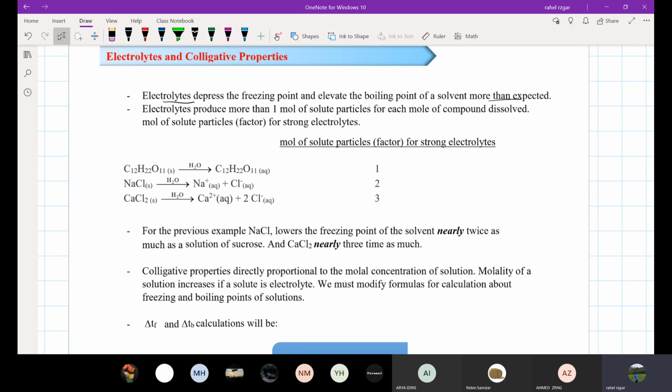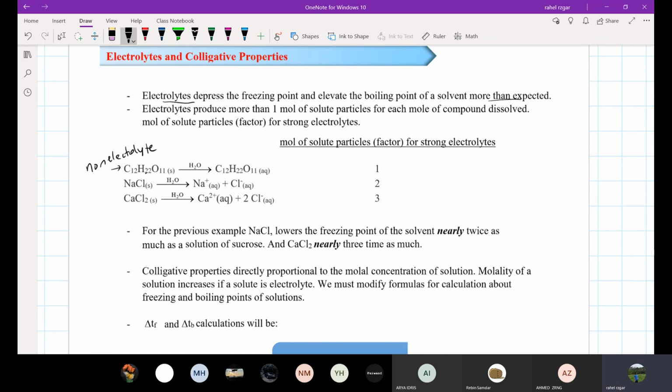What do you mean by this? If 1 mole of this is a non-electrolyte, like sucrose sugar, when dissolved in water, it becomes aqueous. 1 mole of sucrose will form only 1 mole of sugar. Nothing has changed, so it doesn't increase concentration. It's the same concentration that we have used before.